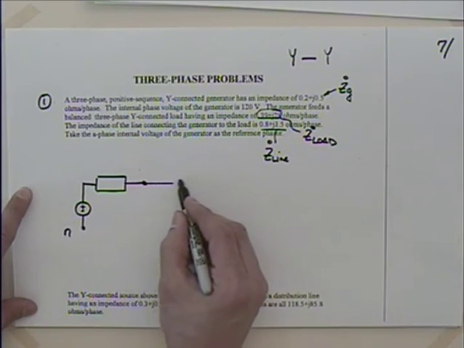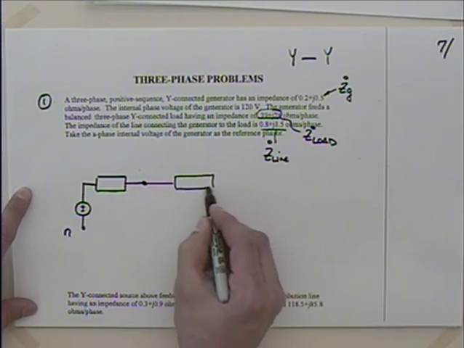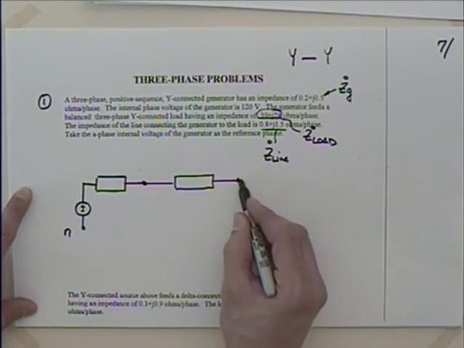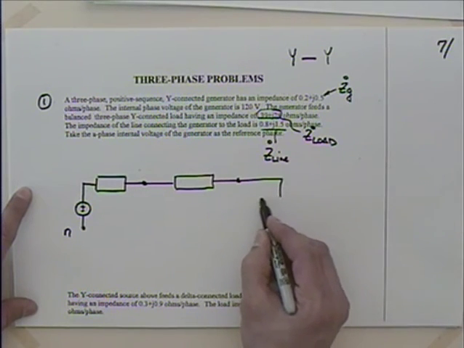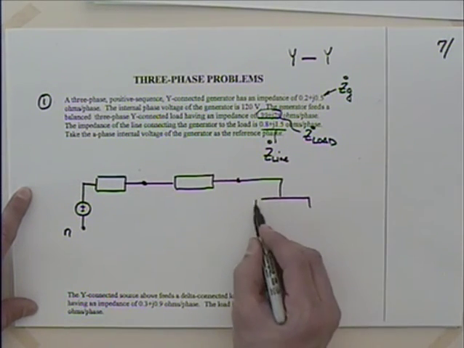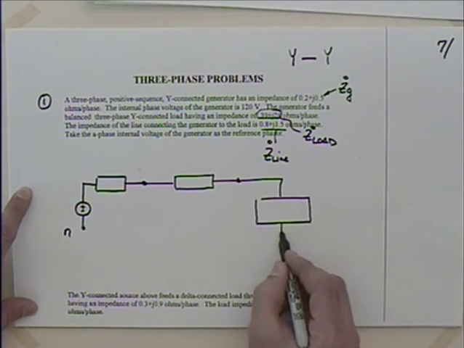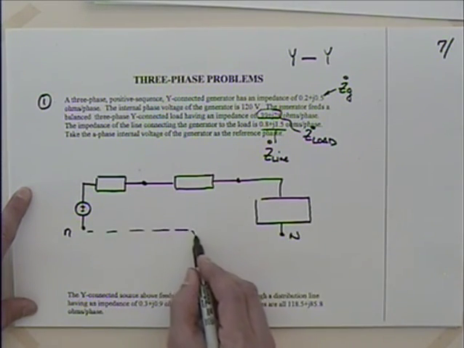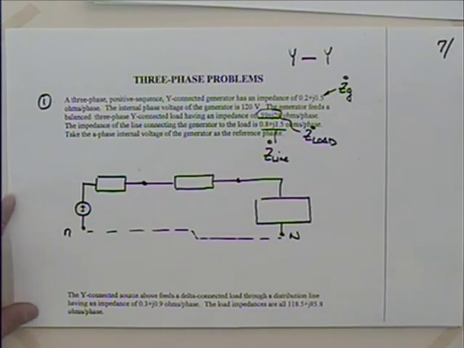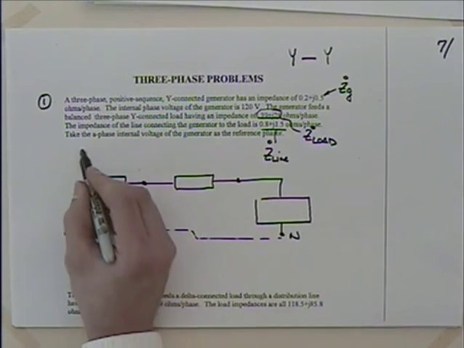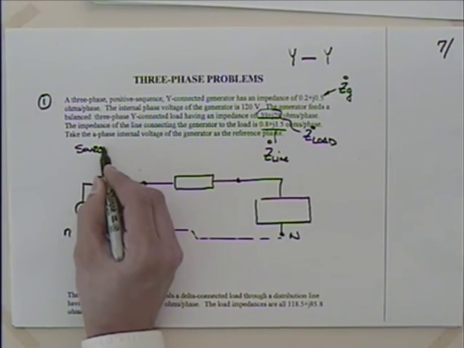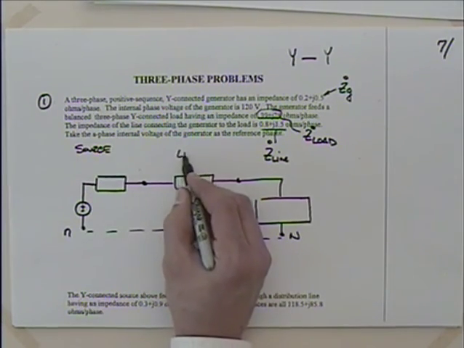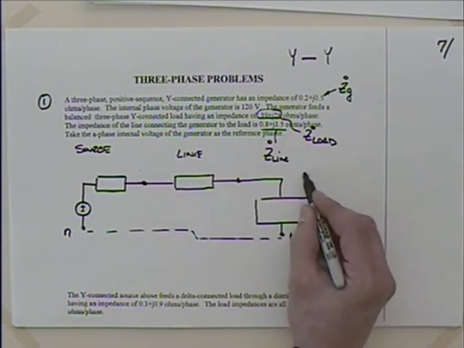And then I'm going to have some line impedance. And then I'm going to have the load impedance. Okay, and these are connected together. So this is our source. This is our line. And this is our load.